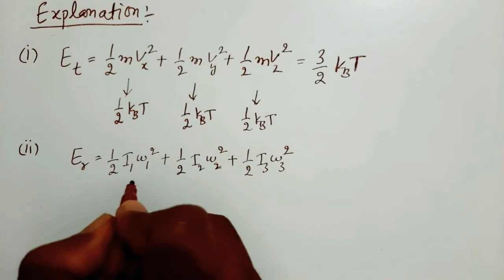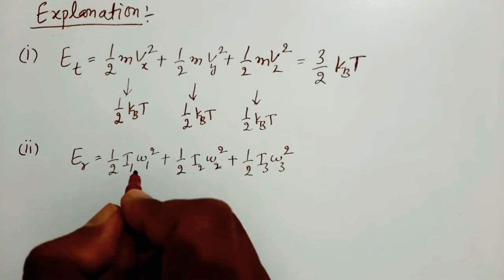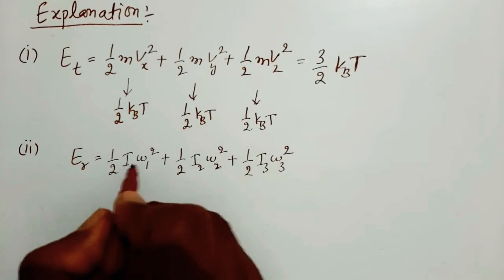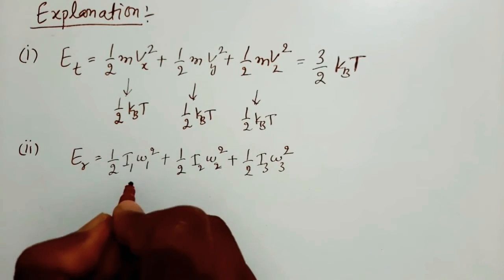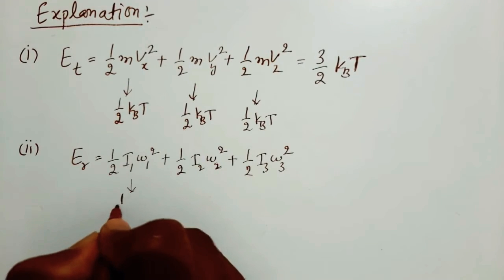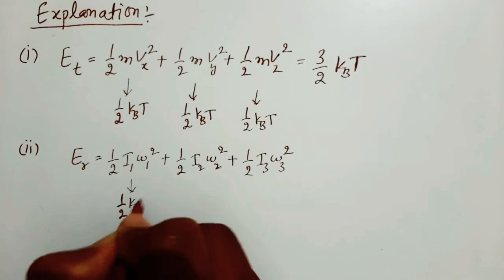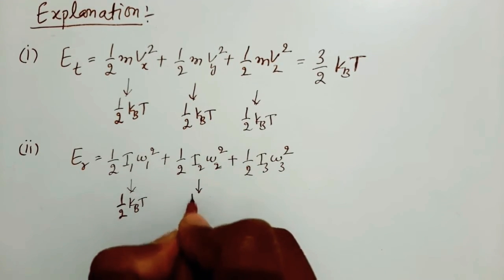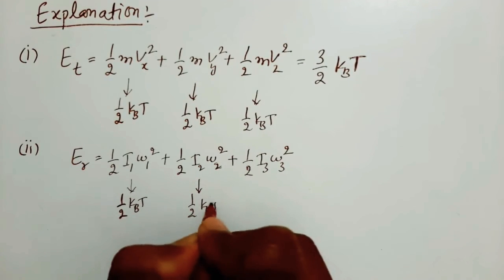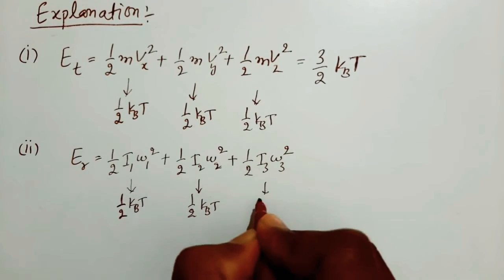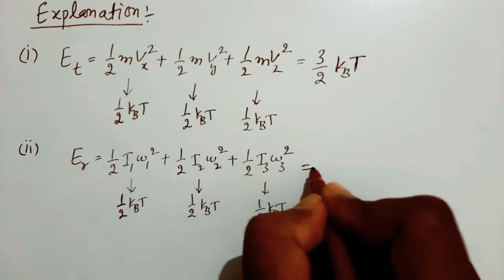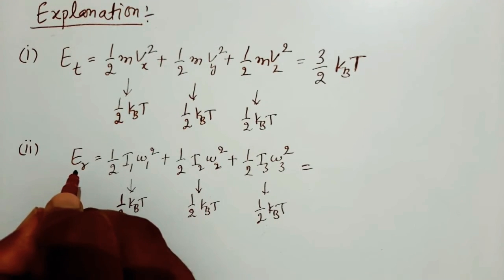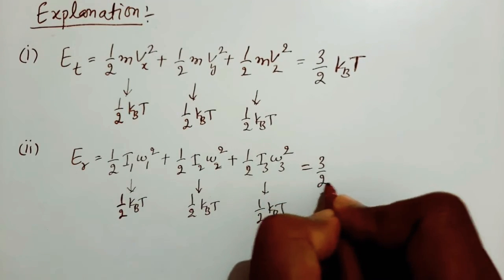So according to the law of equipartition of energy, each mode has an average energy equal to 1/2 kBT. So this is 1/2 kBT, this is 1/2 kBT, and this is 1/2 kBT. So the total energy in rotational motion is 3/2 kBT.